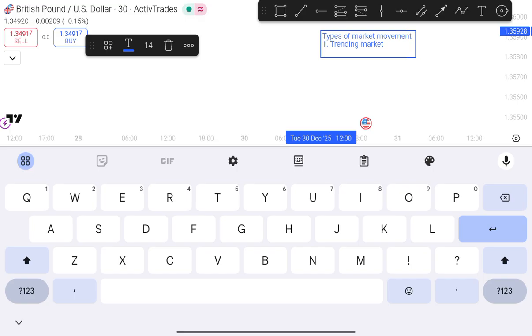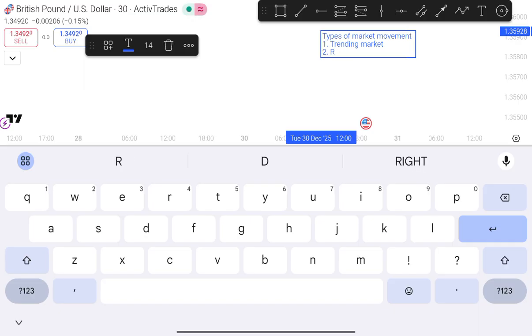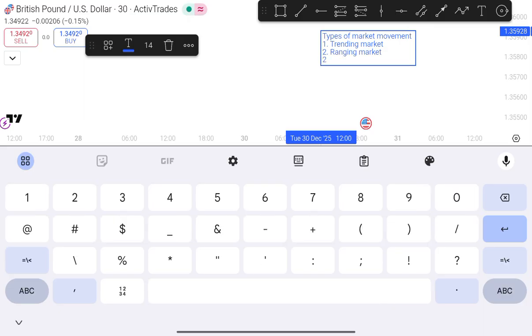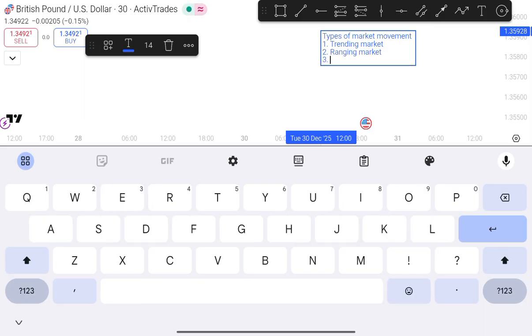Number two, we have what we call the ranging market. Number three, we have what we call the choppy market.